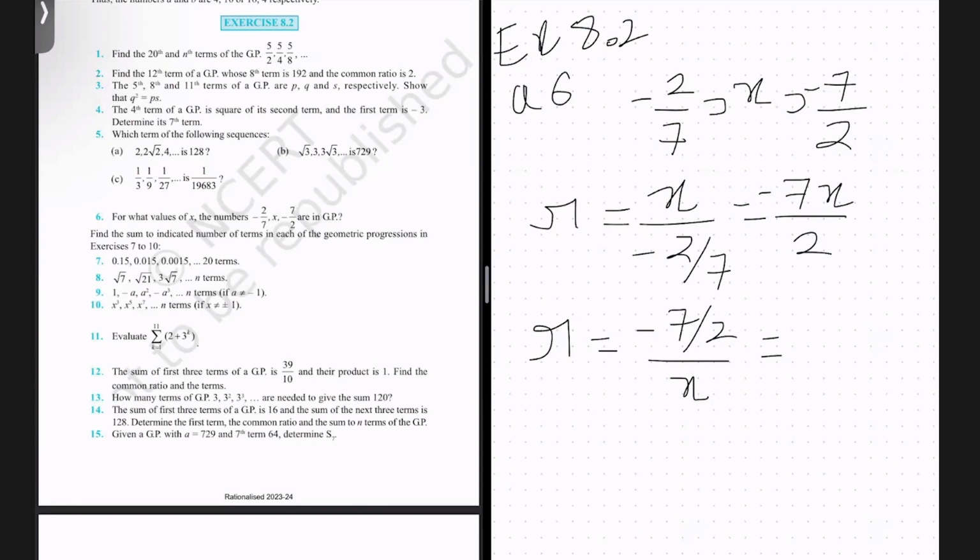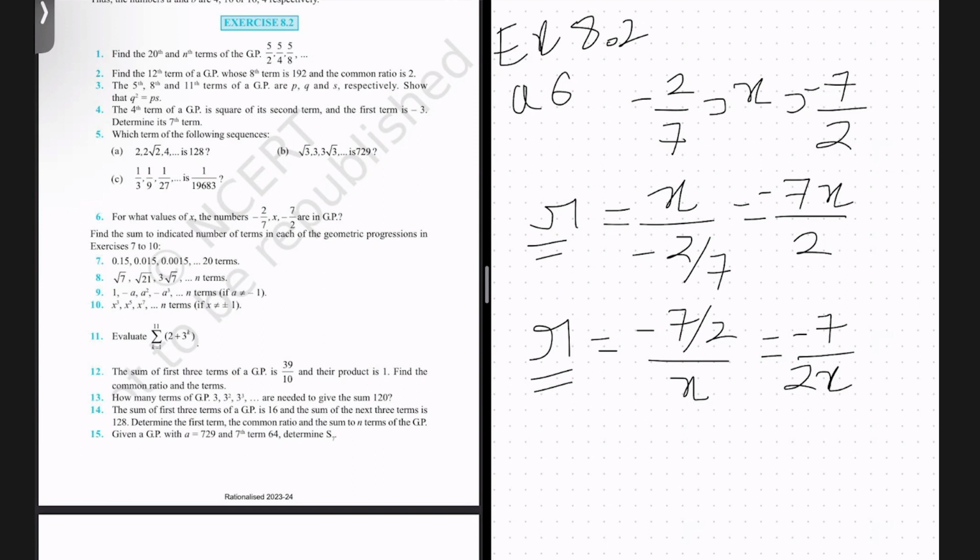When I do that, what I obtain is the common ratio as minus 7 by 2x. Correct. So the common ratio is also minus 7x by 2, and the common ratio is also minus 7 by 2x. Now when you equate both of these, you're going to find out the value of x, right?